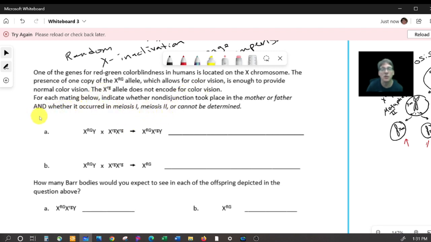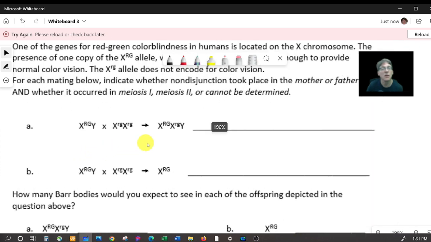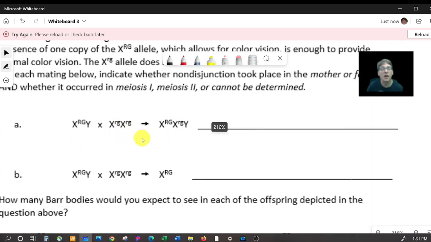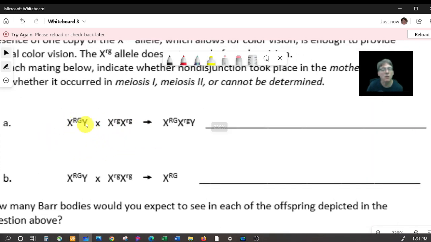This big RG is enough to give you color vision, and the little RG does not encode for color vision. So now when we're looking at these individuals here, we have a father, an XY individual, that is having a child with a woman who's colorblind because she has little RG, which is going to tell us that she's homozygous for the recessive state of colorblindness.